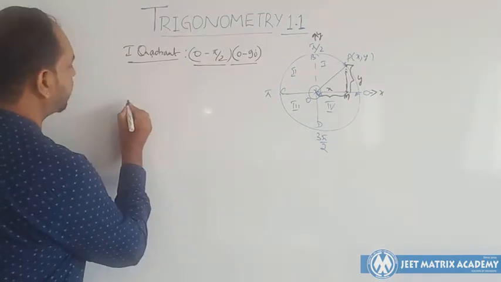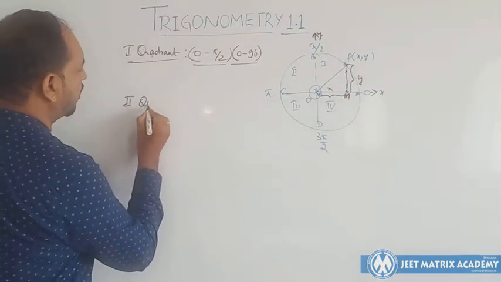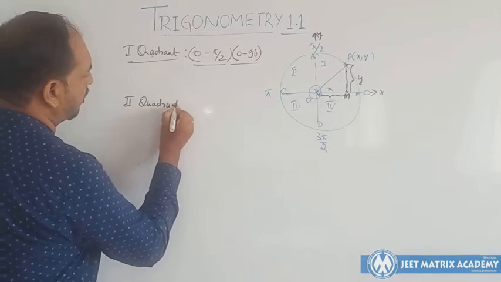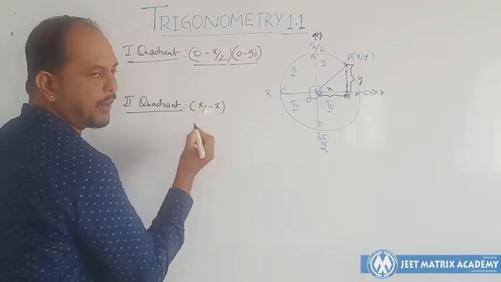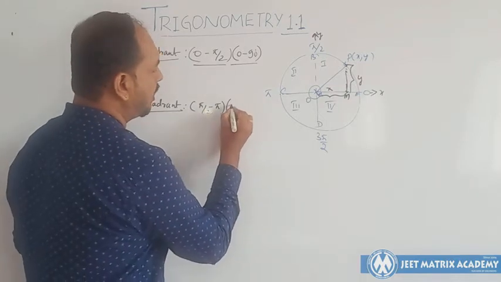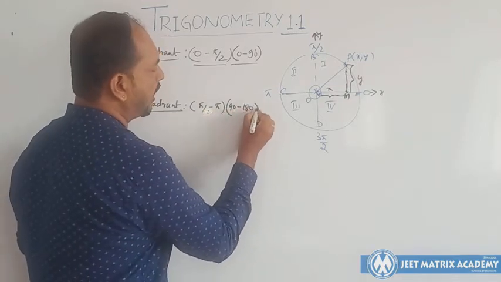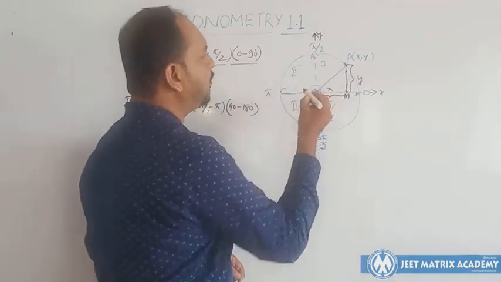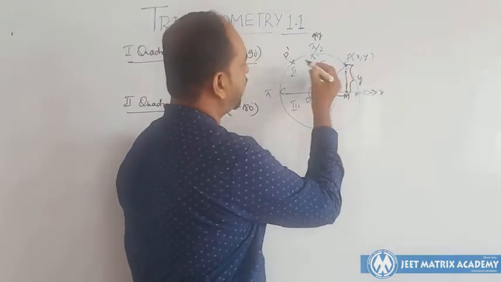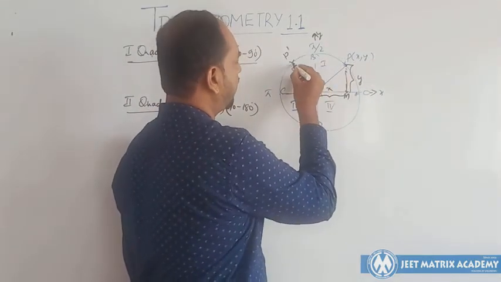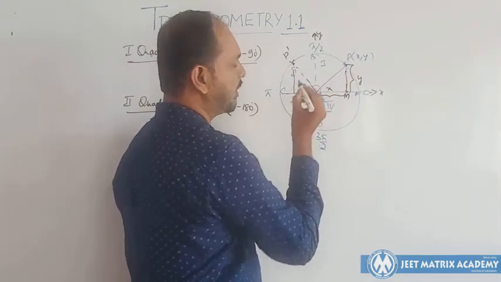Second quadrant: it will lie between pi by 2 and pi, similarly 90 to 180 degrees. Any point you consider, this is P dash. If I consider this angle, this will be theta.